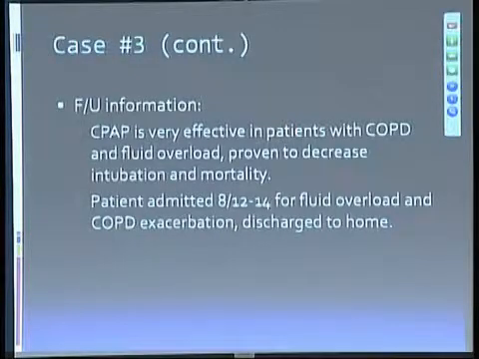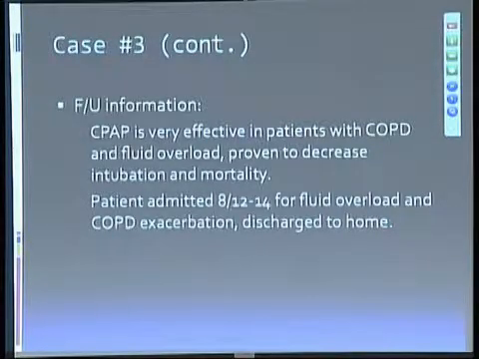So he's got some pulmonary edema, some interstitial edema, and this will improve. Now, he didn't require intubation, but this is the kind of person that often goes on to intubation. CPAP could relieve that.